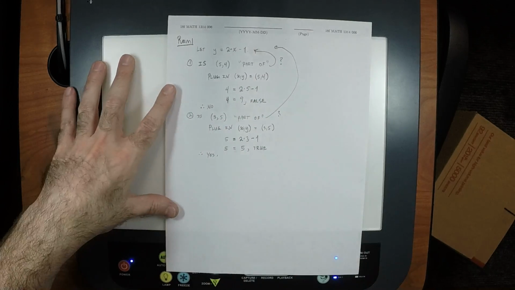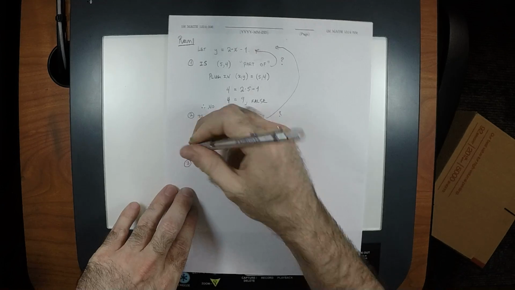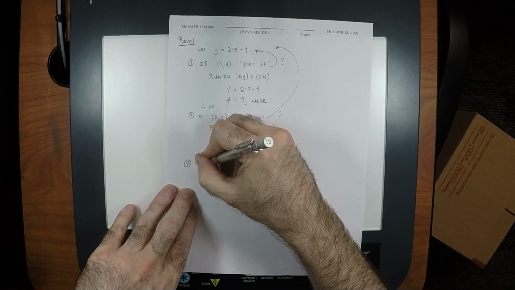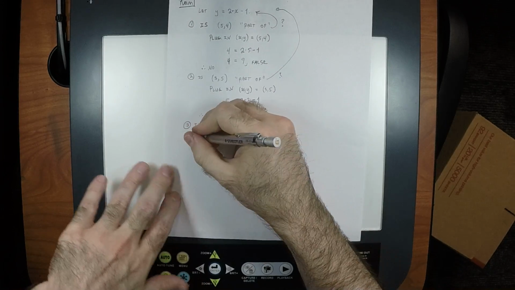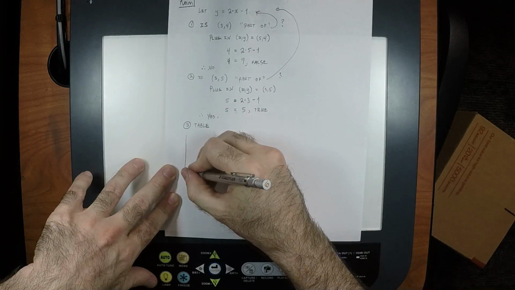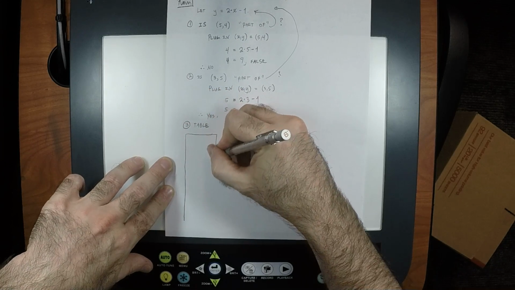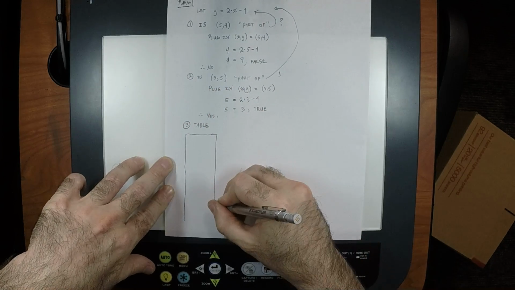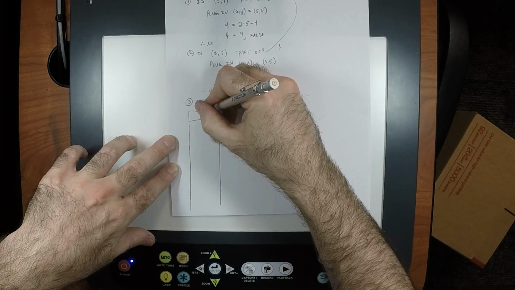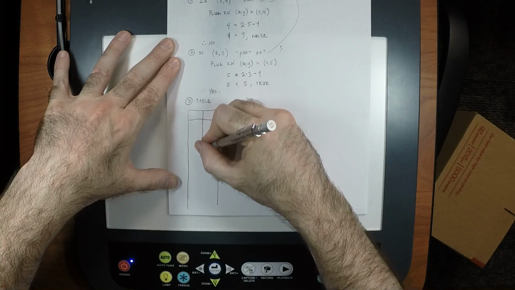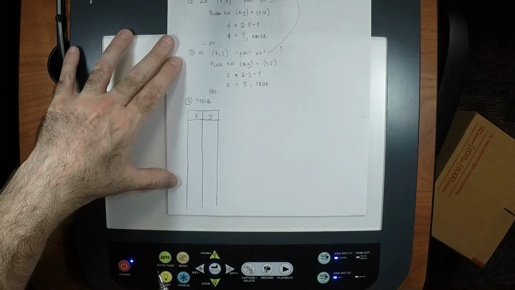All right. Fine. So now, item 3. Now I want you to make a table. Well, specifically, I'm going to make a table, and then I want you to fill in the missing spots. Okay.